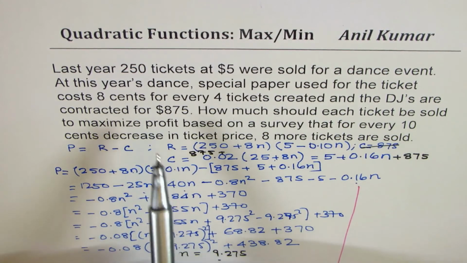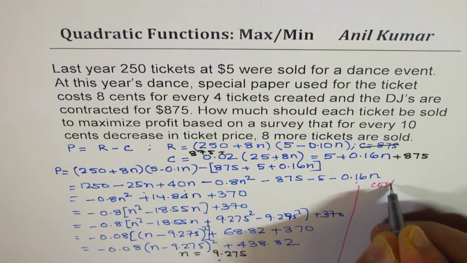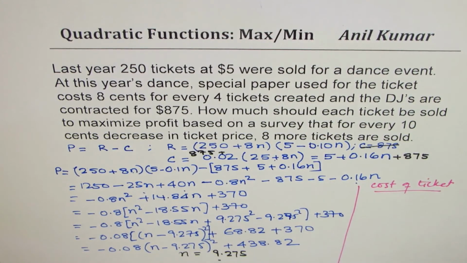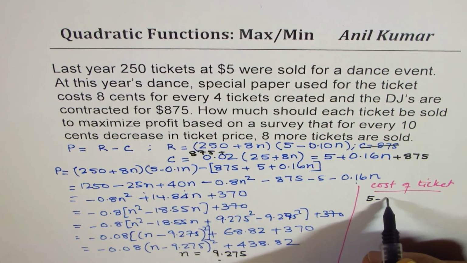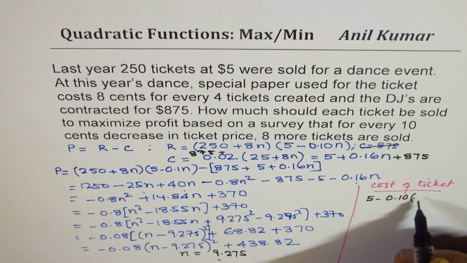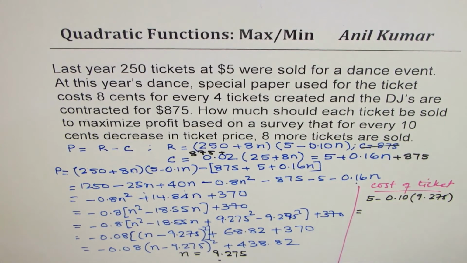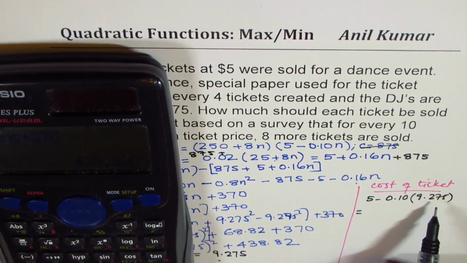Now it says how much should each ticket cost? So let's calculate cost of ticket. So cost of the ticket is $5 less 0.10 times n, and n is 9.275, right? Actually I should round it to 2 decimal places.